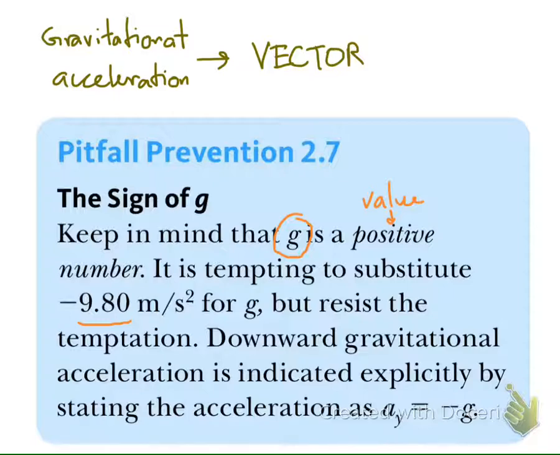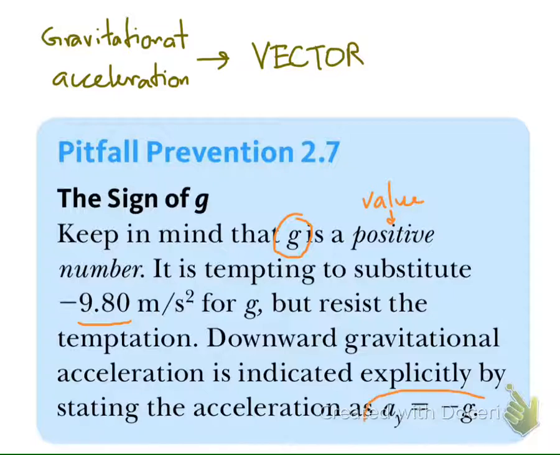But if we talk about g as a vector, we will specify the sign. So the vector g is minus 9.80.